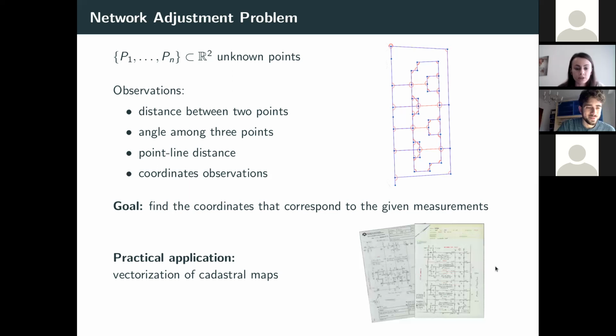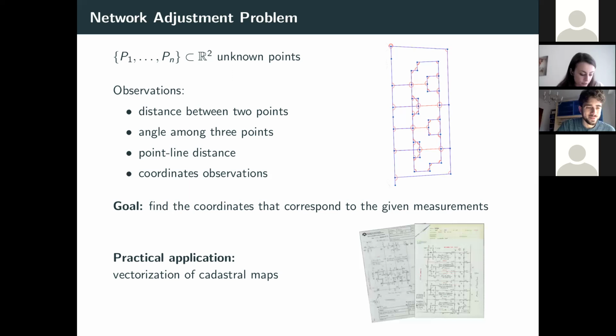Each sketch represents a portion of land, and for that land you have the division into different properties. So you have crops and buildings and these kinds of things. And what they want to do is to put together all these paper sketches and get an accurate cadastral map of the whole country. So this is our problem.